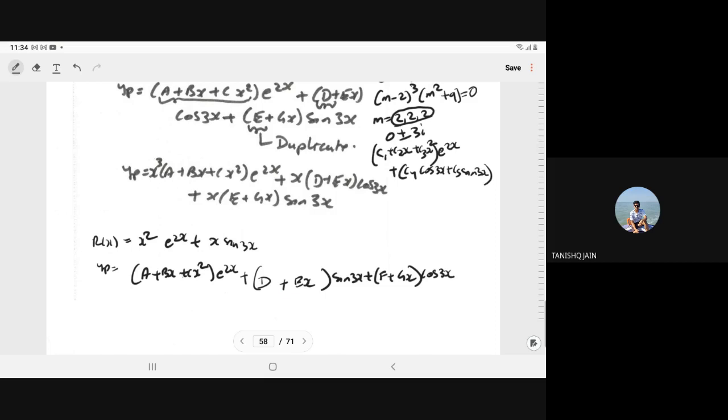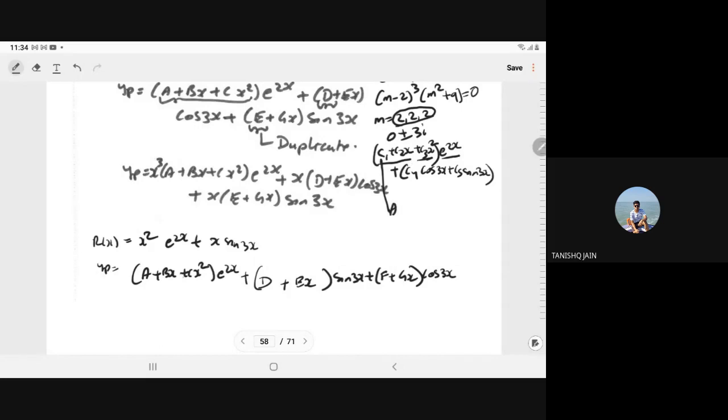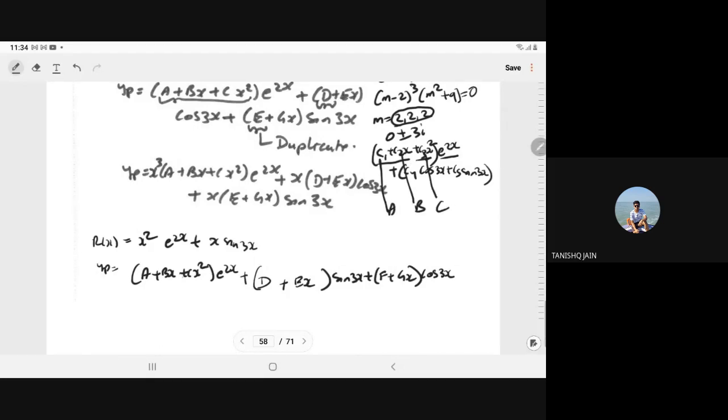Now we have to check the duplicacy. In the yc or complementary function, we have (c1 plus c2x plus c3x square) into e to power 2x. If you take c1 equal to a, c2 equal to b, c3 equal to c, you have the duplicacy.